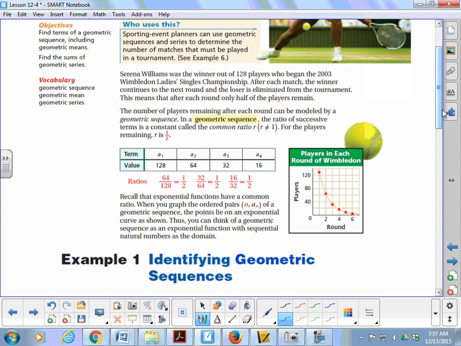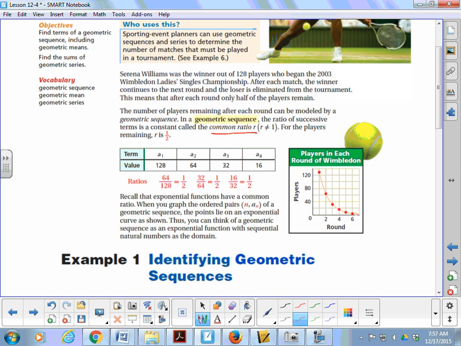And the same thing happens with geometric sequences. The common ratio is the thing that we're multiplying by each time. If the common ratio r is greater than 1, then the numbers get bigger each time, and if it's less than 1, then the numbers get smaller each time.